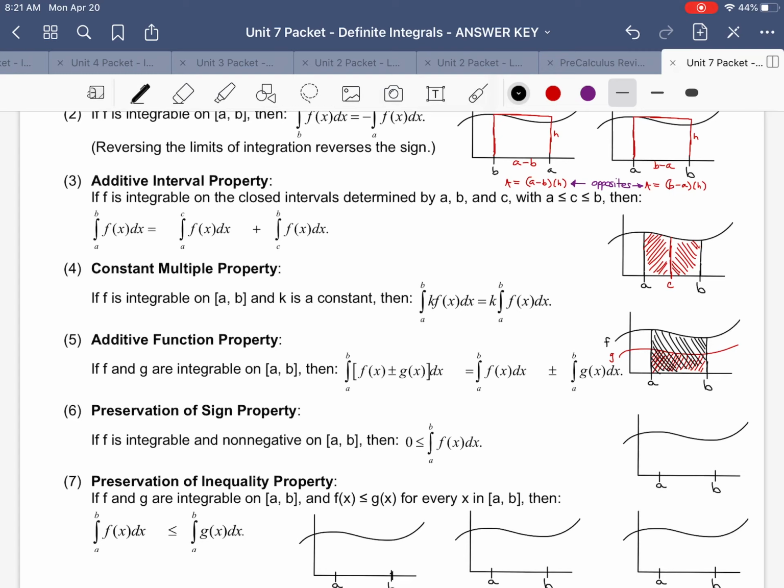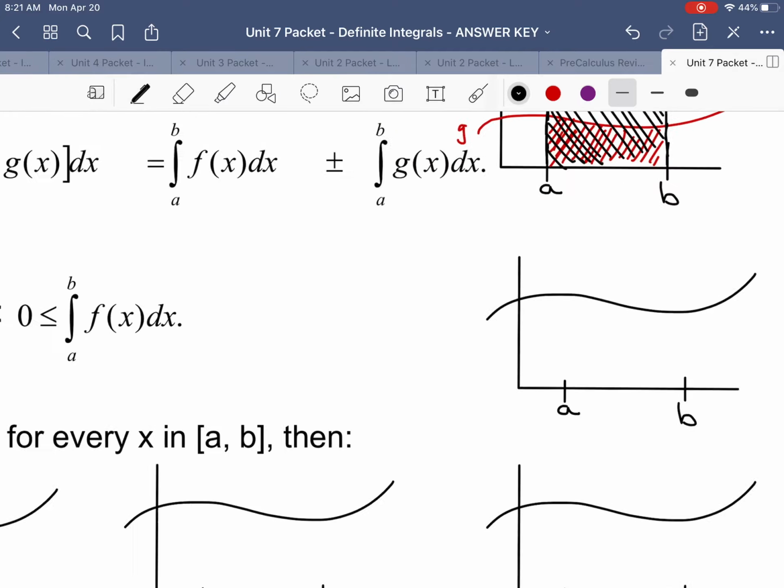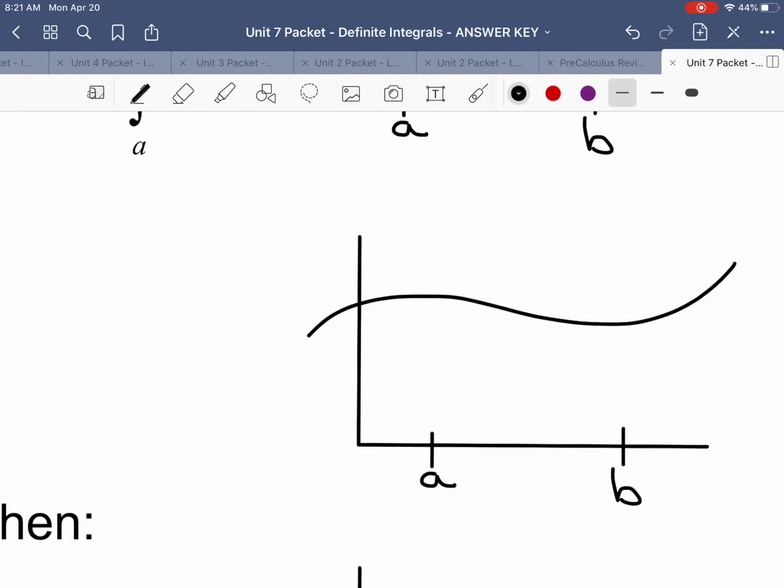Preservation of sign. It's saying that if f is integrable and non-negative on the interval of a to b, so if f is positive, then the integral will be positive. I don't know that this necessarily requires a diagram, but I'm going to do it anyway. Sorry, a little eyelash on the screen. I'm going to go with the rectangle approach again, like I did earlier.